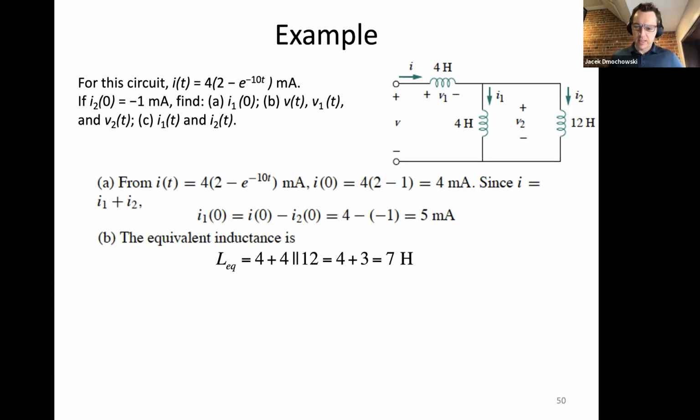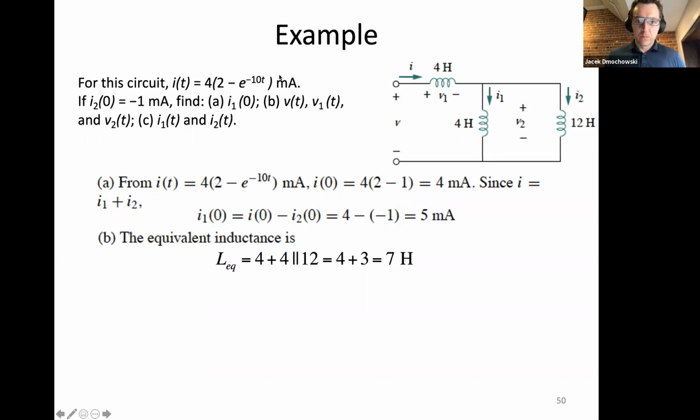Yes, very good. So who can help me with evaluating L times di over dt? So we have to multiply the 7. So one way is just to multiply the 7 by the 4, and that gives us 28.